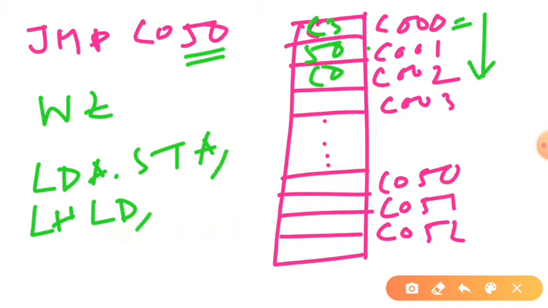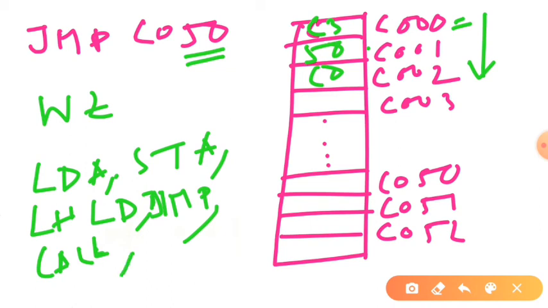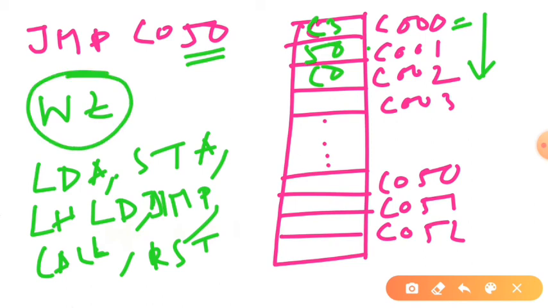Also in the jump instruction we have noticed, in case of all the jump instructions, whether conditional or unconditional, all call instructions, whether conditional or unconditional, and also in case of RST instructions and return instructions, this WZ register pair is used internally to hold the memory address.